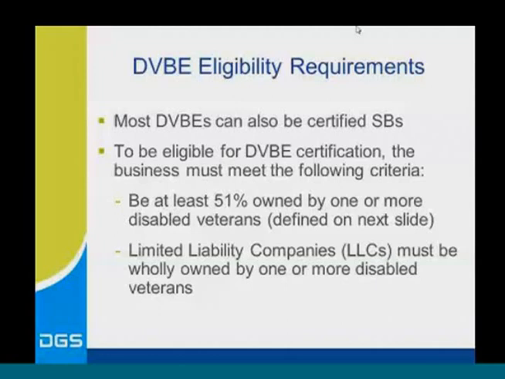To be eligible for DVBE certification, the business must meet the following criteria. The DVBE must be at least 51% owned by one or more disabled veterans, and limited liability companies must be wholly owned by one or more disabled veterans.